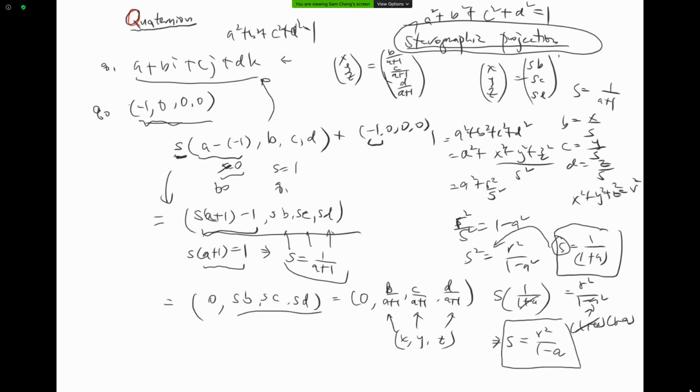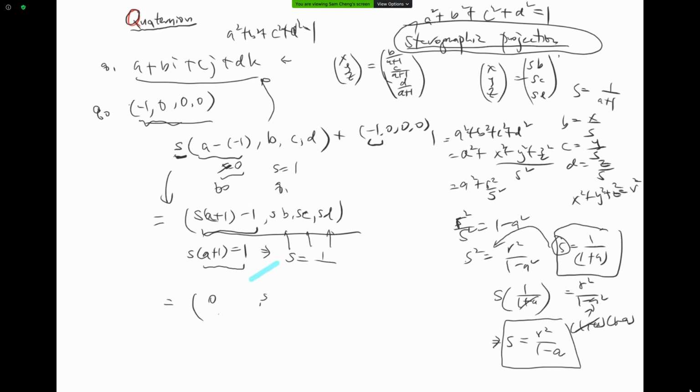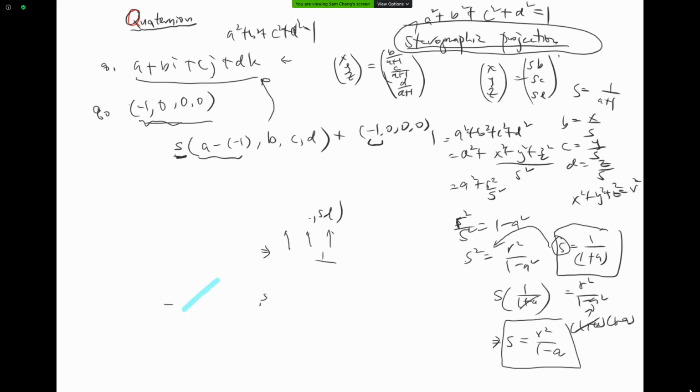So we use these two equations. I guess I don't need this anymore, so I can erase this. So I have s plus sa equal to 1, and also s minus sa equal to r squared. I just multiply the 1 plus a and 1 minus a to the other side.